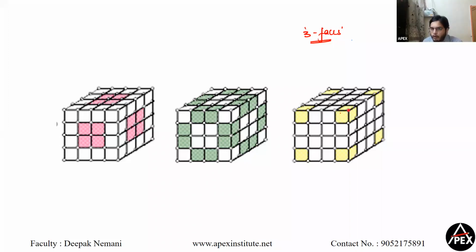The cubes at the corners will have 3 faces exposed, so all the cubes at the corners will have 3 faces painted. How many corners do we have? We have 8 corners. So we have 8 smaller cubes at 8 corners. So the answer for this question will be 8.